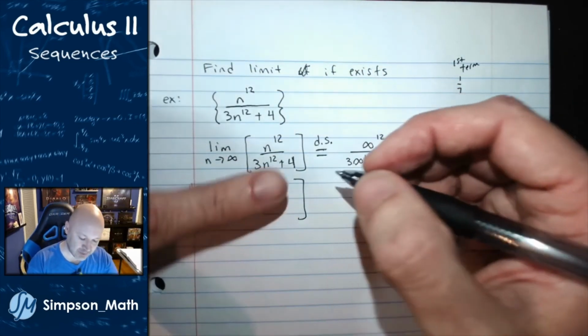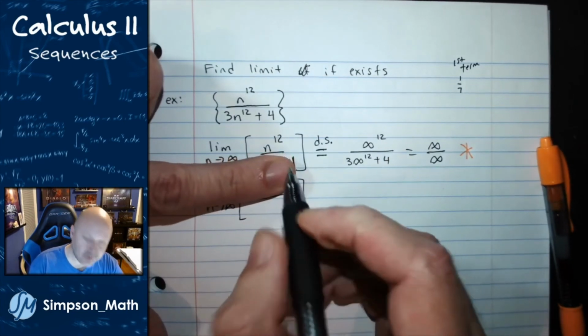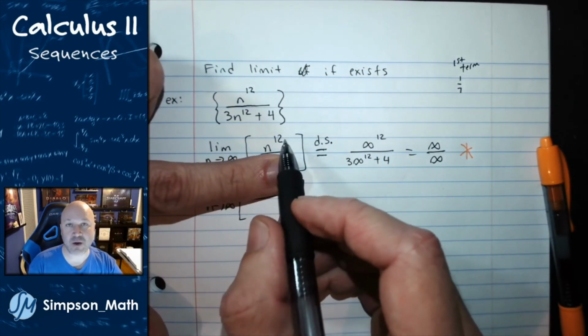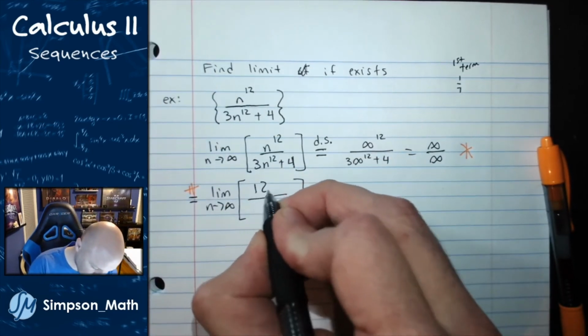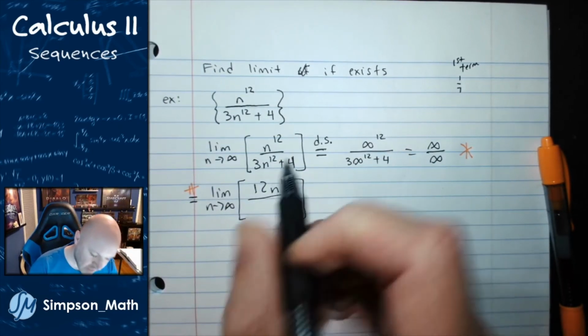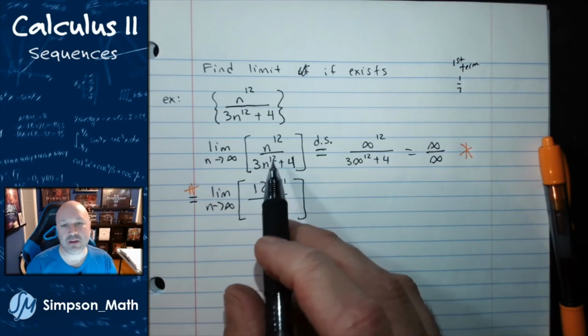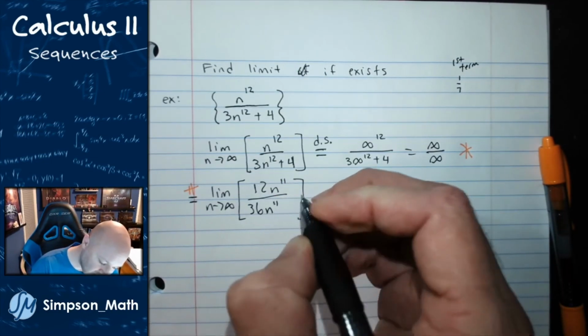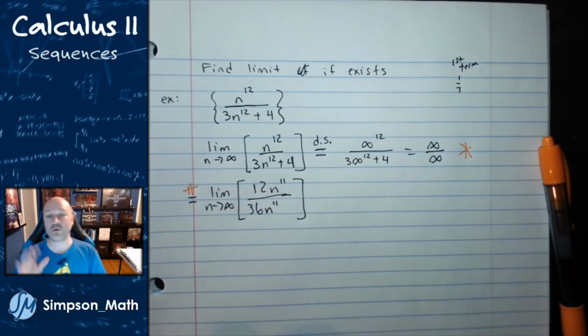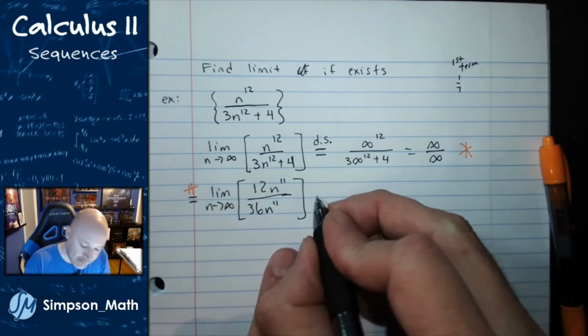L'Hopital's rule is you do it independently. So up top, the derivative of n to the 12th power is 12n to the 11th power. Down below, 3 times 12 is 36. This is now n to the 11th, and the 4 goes to 0, which is nice, meaning I can do some reduction.